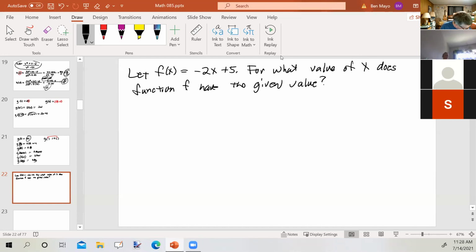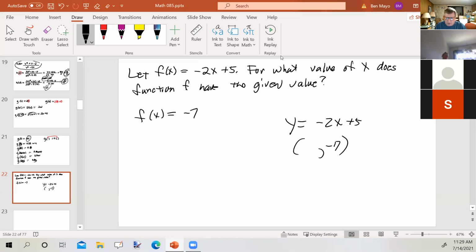And it says f of x equals negative 7. Now, up until now, we've had a function, we've been putting in inputs and getting outputs, okay? In this situation, they're telling us the output. They're telling us that y is negative 7. So if we were to look at this in just regular equation notation, it would look something like this. Y equals negative 2x plus 5.